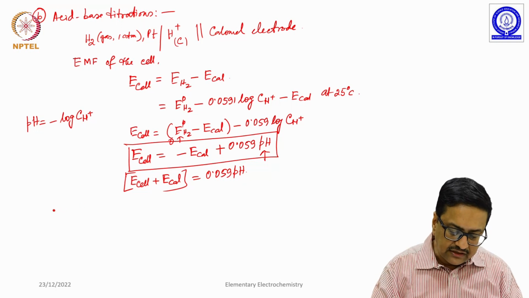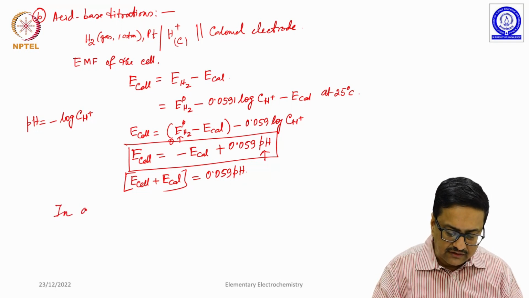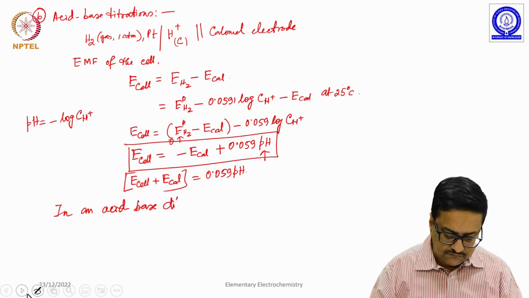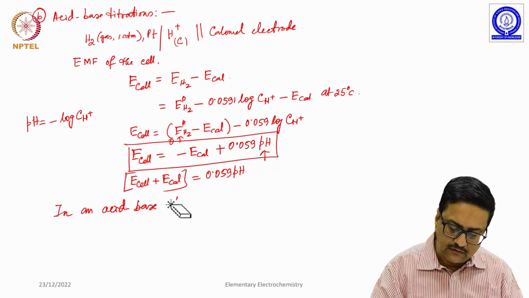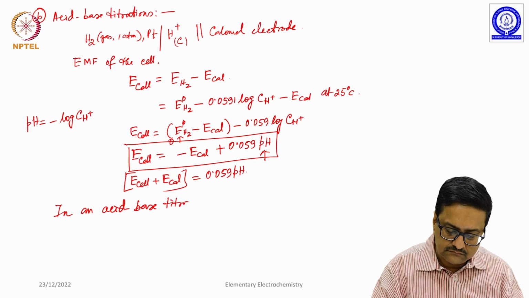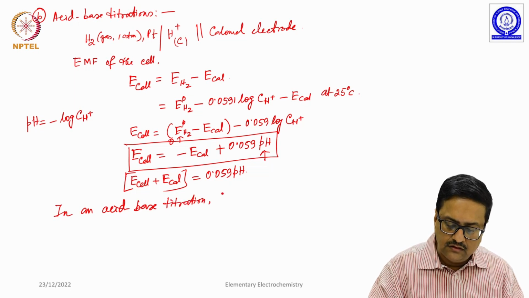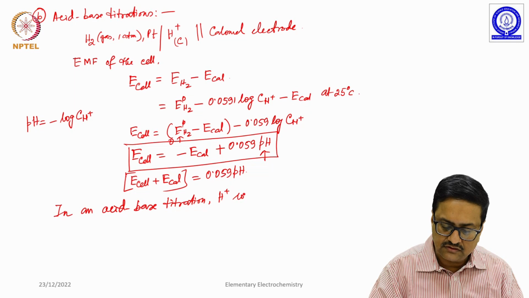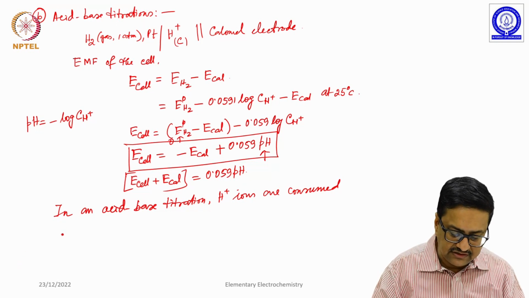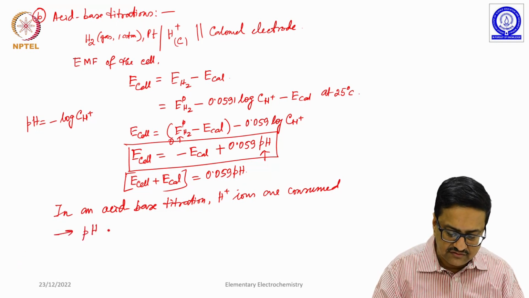So, in an acid-base titration, H plus ions are consumed. As a result, pH continues to increase.